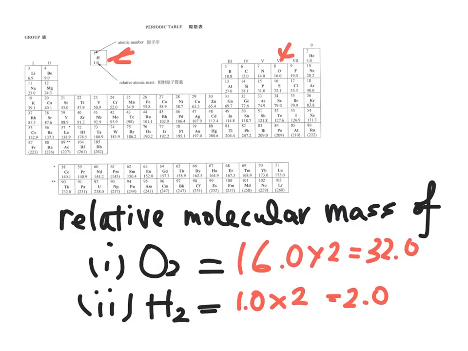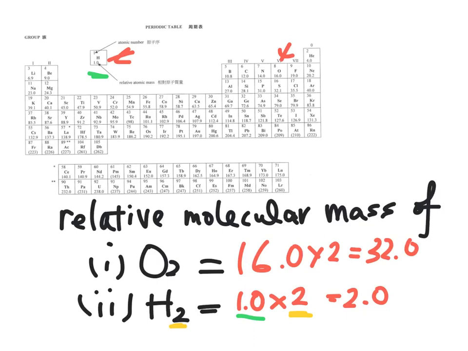Now the relative molecular mass of O2 is 16.0 times 2, because O2 has 2 oxygen, so we get 32.0. While for hydrogen, 1.0 is the relative atomic mass, so we need to times 2, then we get 2.0. So what do the relative molecular masses tell us?